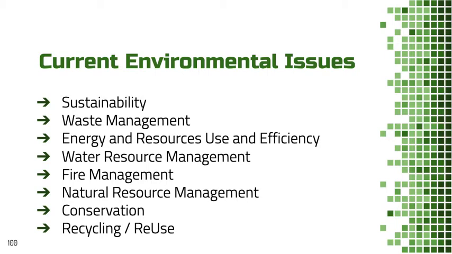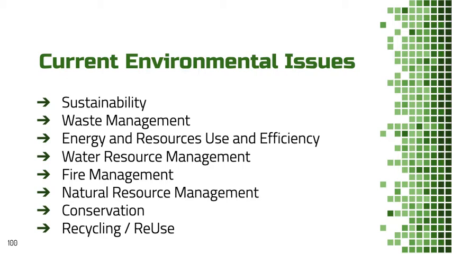We know that we have a finite number of resources that exist in the world, a combination of renewable and non-renewable resources, and we need to make sure that we don't use all of them in our generation. We also need to think about things like waste management, how we manage the waste that is produced from construction projects, and whether we can sort and recycle or reuse some of those materials.